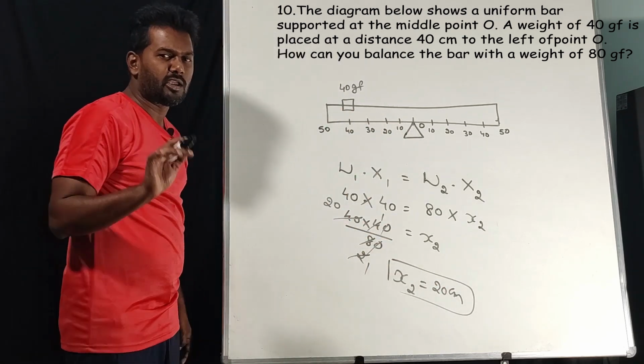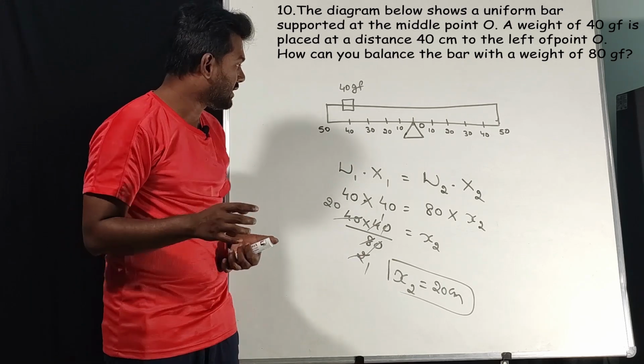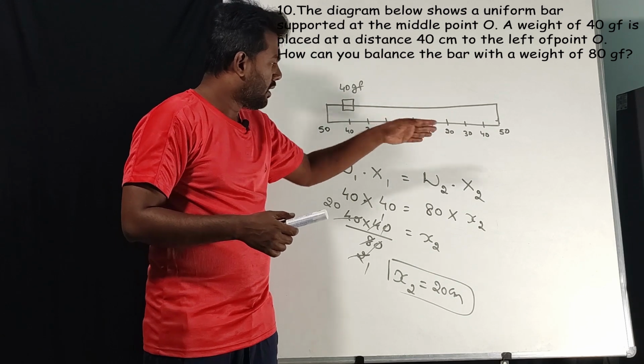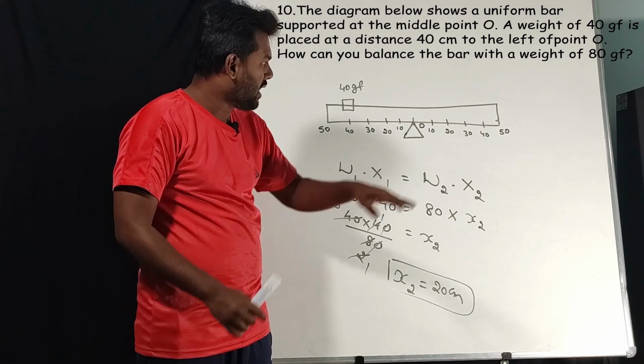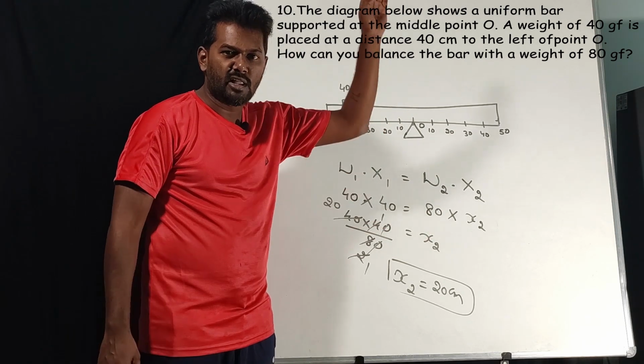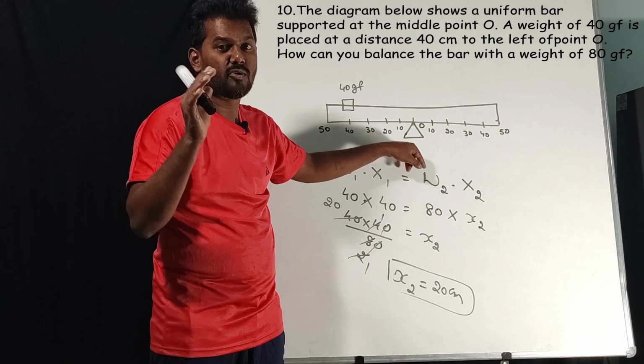If you write like this, do you think you are going to get full marks? No. What do you mean by x2? x2 is nothing but the distance, the distance between the load 80 gf and the pivoted point. Okay, the distance is 20 centimeter.